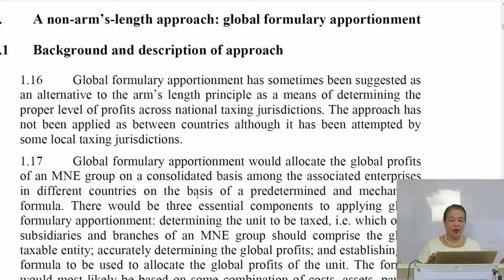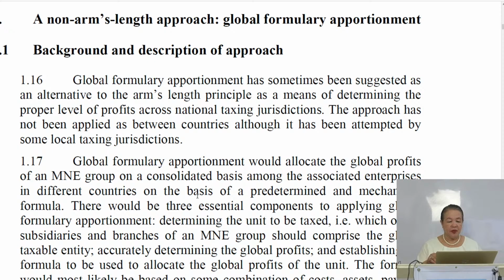So, pwede na mag-business kahit saan. And it carries with it that the goods and services cross the border. Nandoon sila sa iba't ibang bansa. So that the complexity of taxing them comes in. So, papaano mo ngayon itatax? This is only through the adoption or application of the arm's length principle.